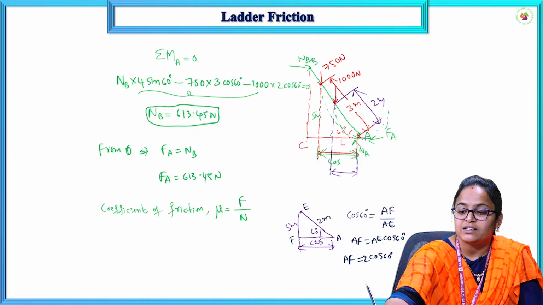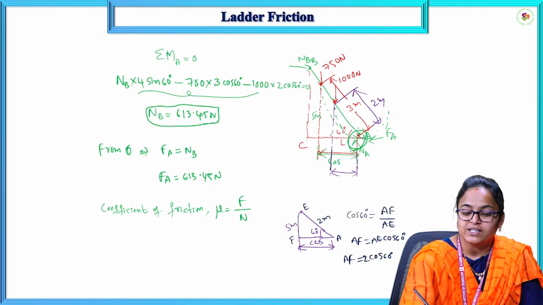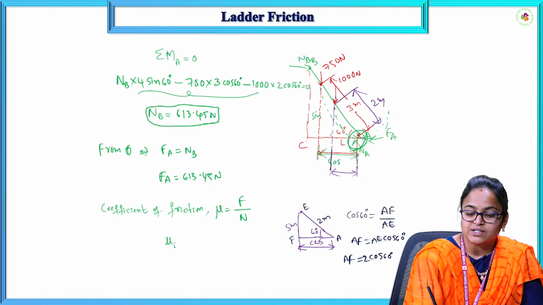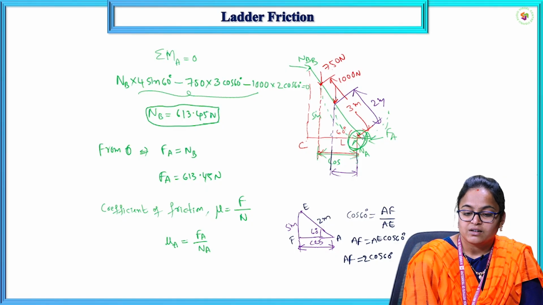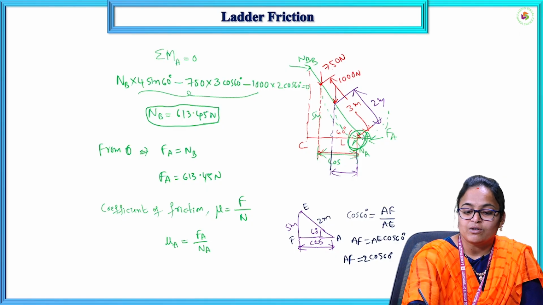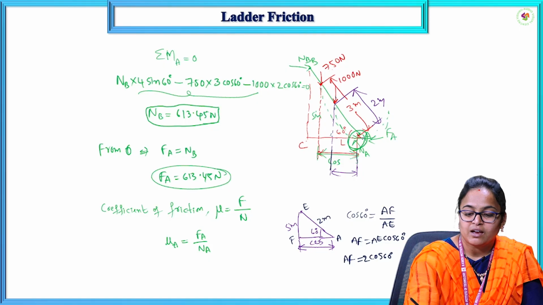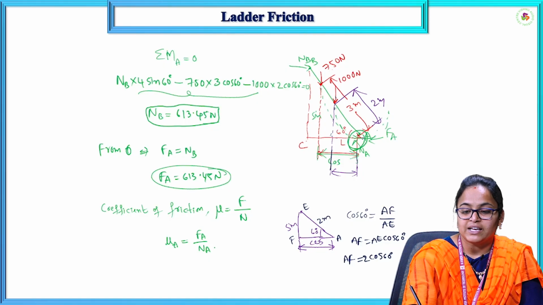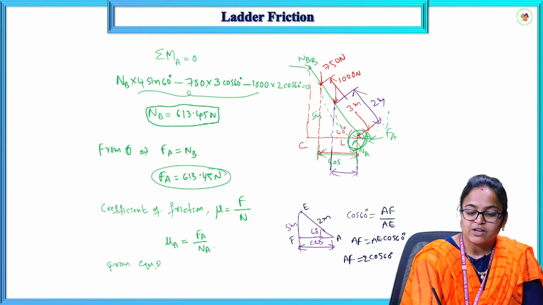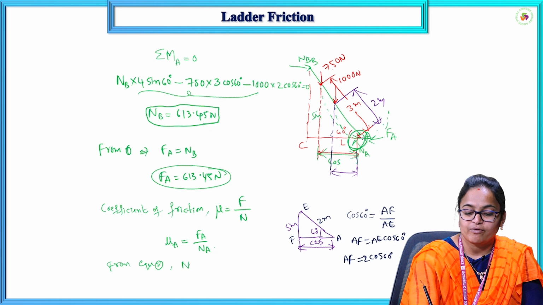Now we are finding the coefficient of friction between the floor and the ladder, that is at point A. So let us consider mu A is equal to FA by NA. Now we got the value of FA, and we require the NA value. From equation 2, we know the value of NA, that is 1750 newtons.